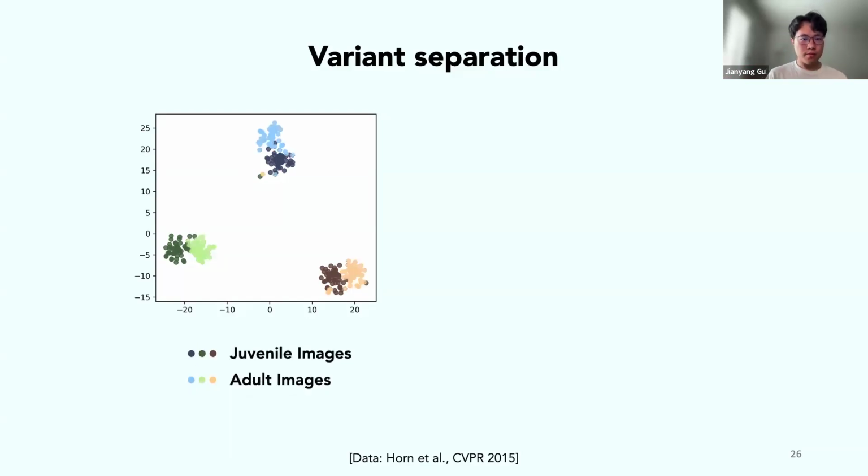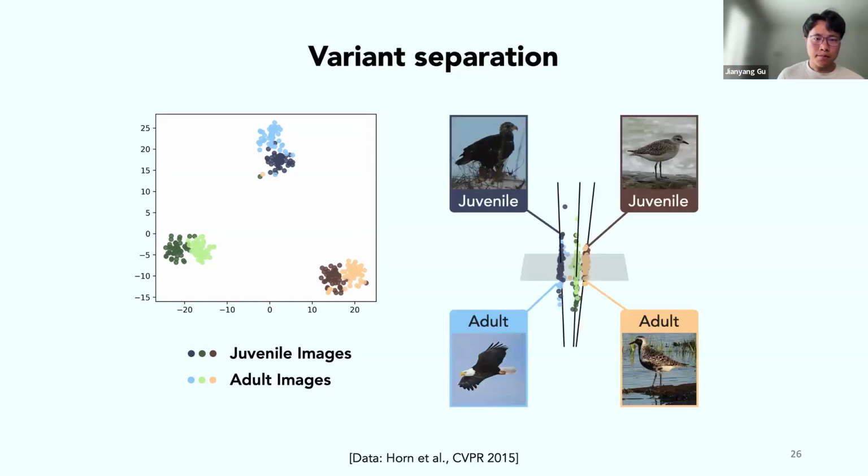The answer is no. Here the darker dots mean juvenile images and the lighter ones are adult images. So we can show that they are even better separated compared with vanilla CLIP or the first version of BioClip. So how does this happen? We try to flip the distribution into a 3D space.